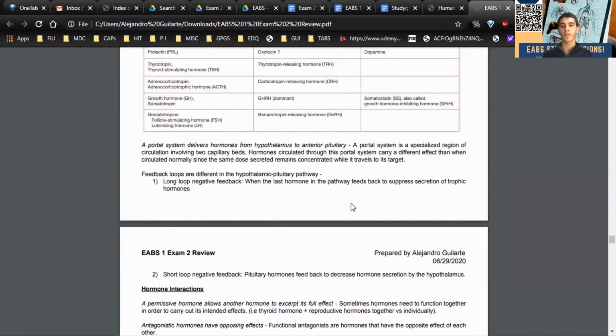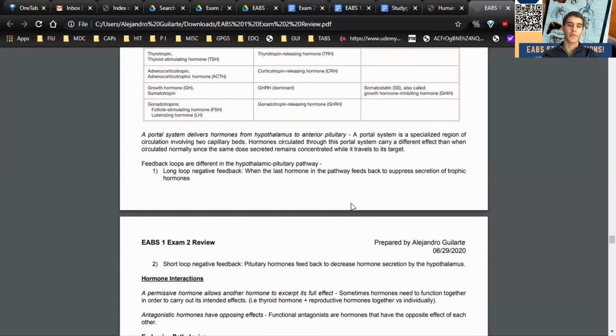Feedback loops involved with these hormones are long loop negative feedback, where the product of the whole pathway shuts off the secretion of a hormone. So it's funny because the end product stops the production of this pathway, or short loop negative feedbacks.